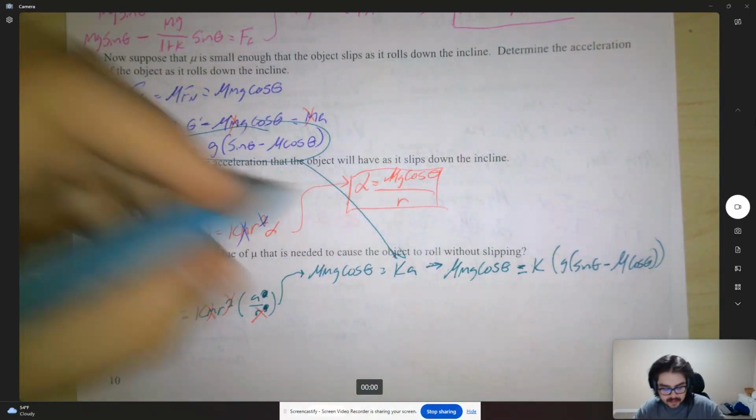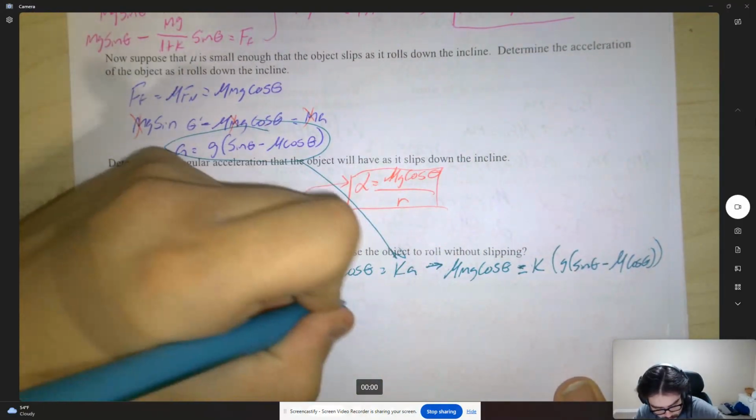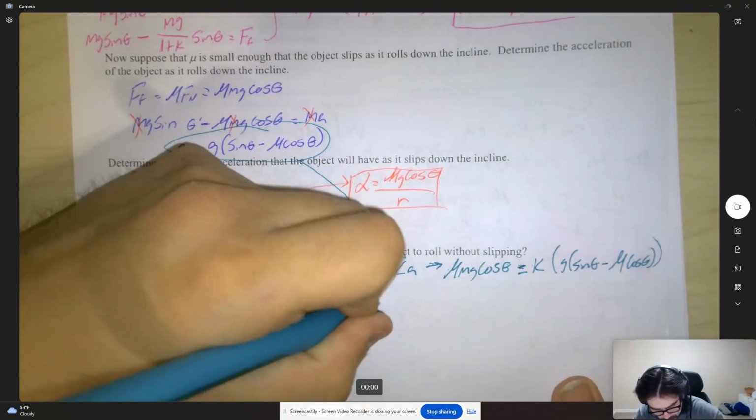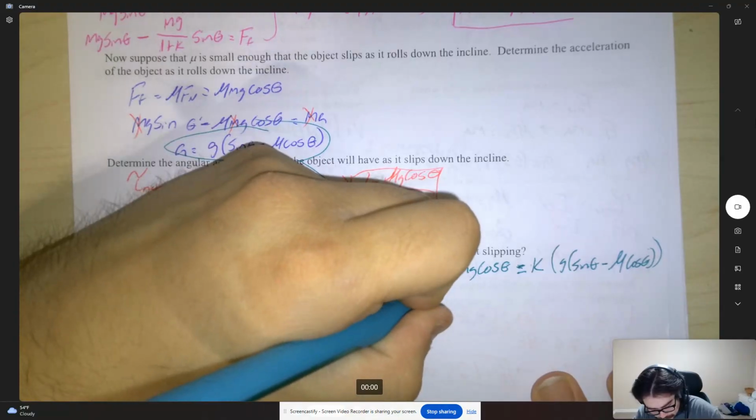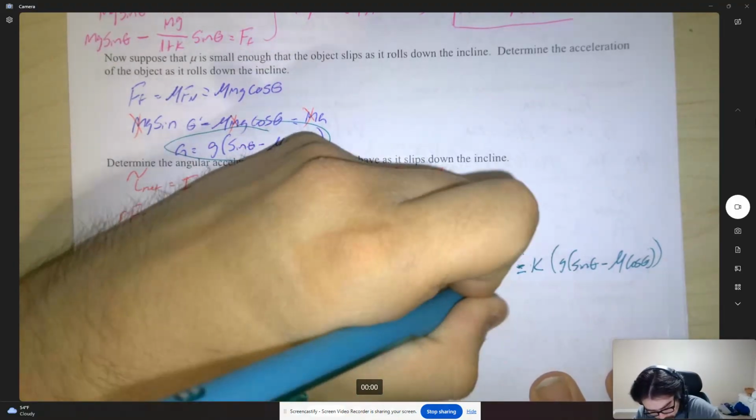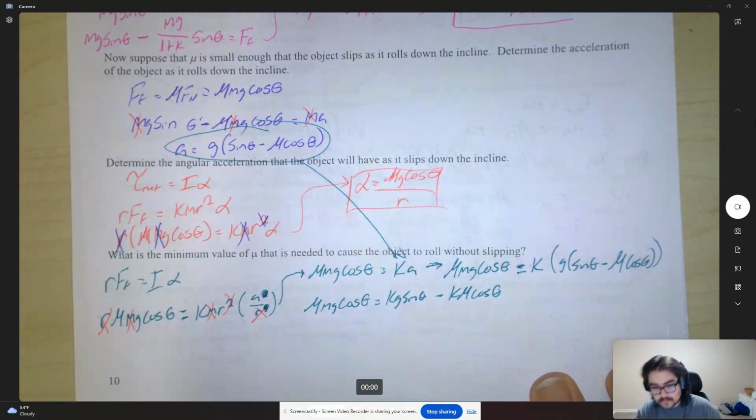I can distribute my k. This gives me mu mg cosine theta equals kg sine theta minus k mu cosine theta.